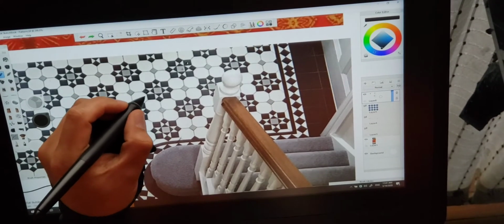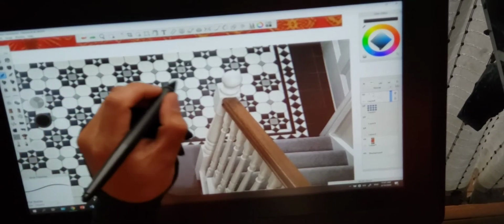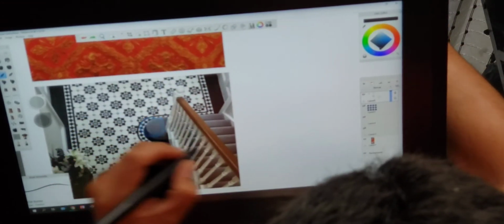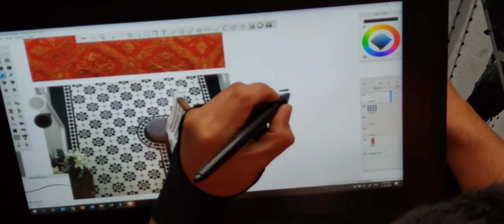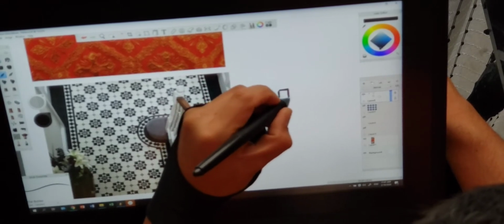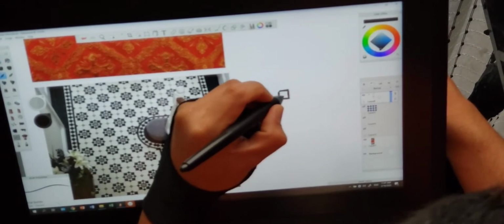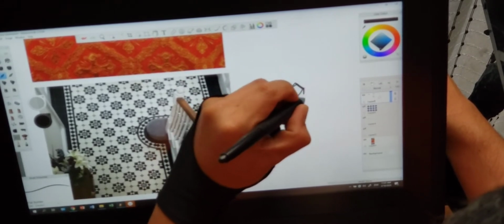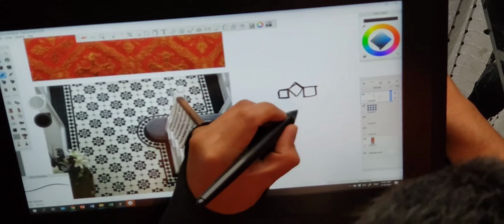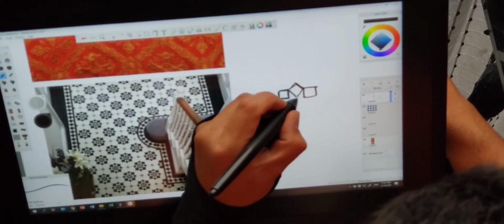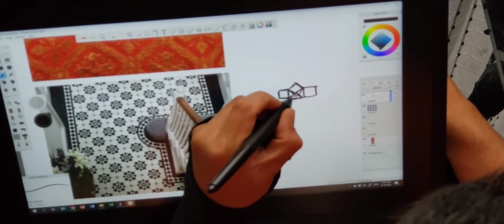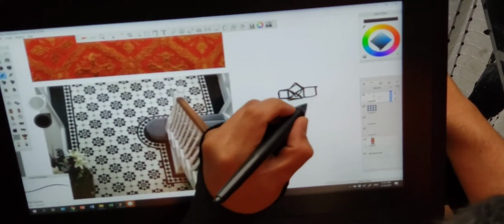So you're going to see how each one of these tiles is made of geometric shapes. They go together like this. So you're going to see a square next to a rhombus like this, next to another square, next to another, this one's more right here, then a triangle down here, and then it repeats the same way in here.